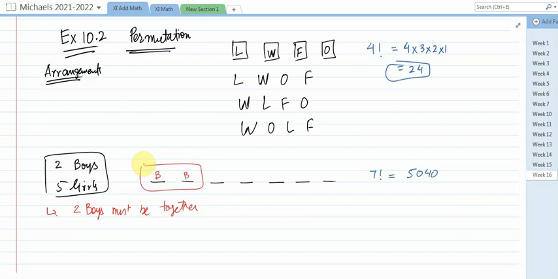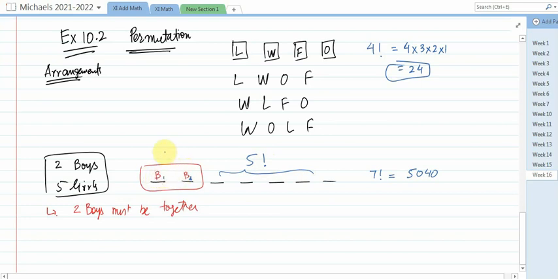Now how are you going to solve this question? If we talk about the girls, there is no restriction on girls, which is 5 factorial, right? If you talk about the boys inside, let's suppose it's boy 1 and boy 2, they can swap their places as well. Boy 1, boy 2, or boy 2, boy 1.